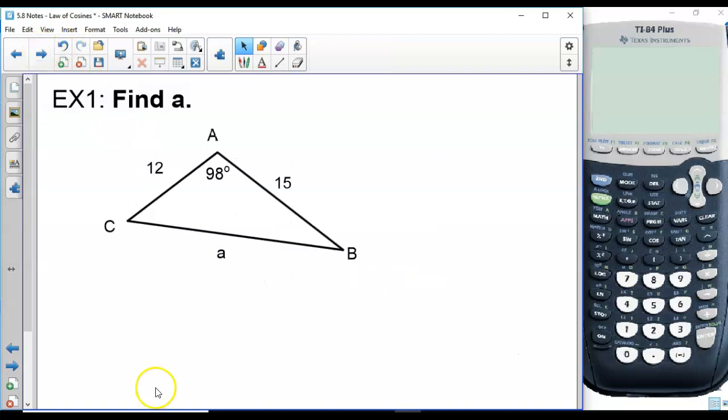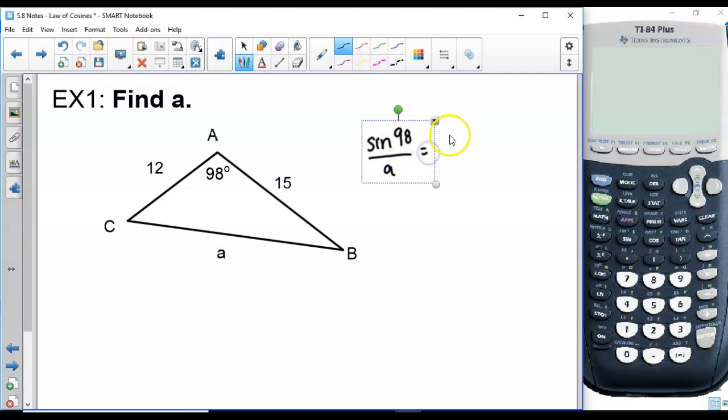So here is our first one that we're going to do. I'll give you a second to copy that down. If we try to set up law of sines, we can't. Because if you try to do sine of 98 over A equals sine of, you'd have to use B or C over 12.